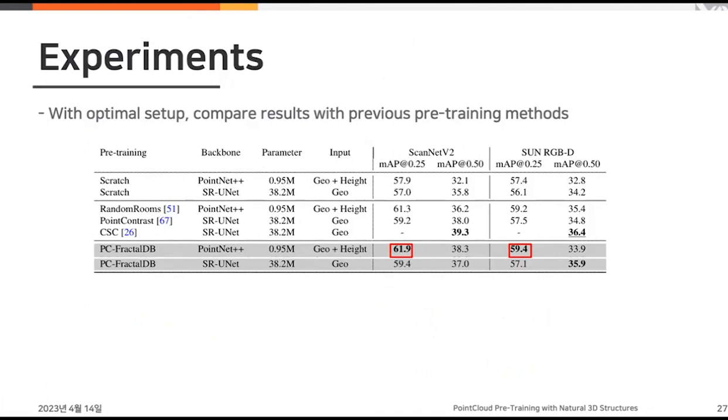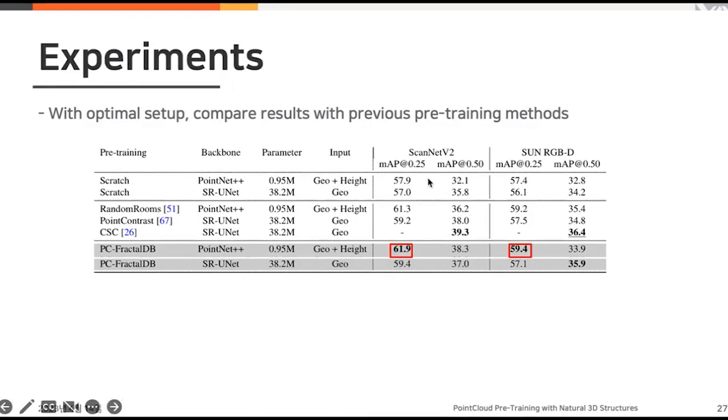And they showed this comparison of existing self-supervised methods like Random Rooms, PointContrast, CSC with the PC-Fractal database. And the backbone network option here is either PointNet++ or SR-UNet.